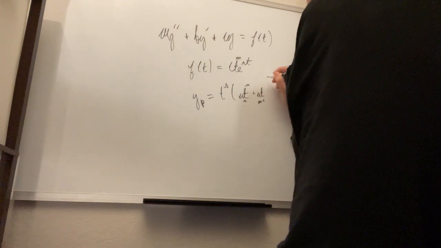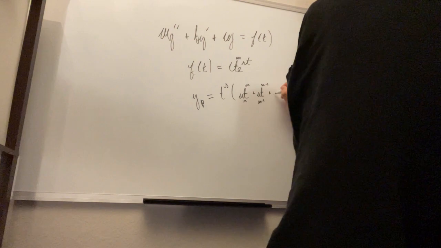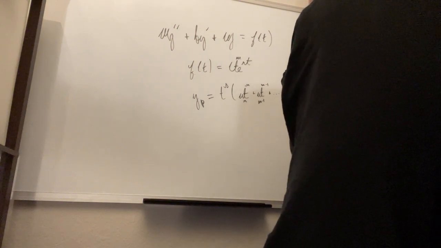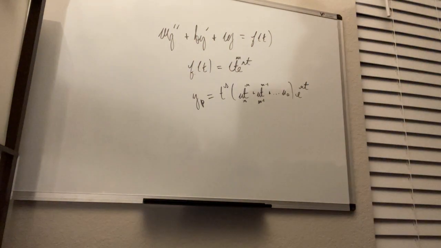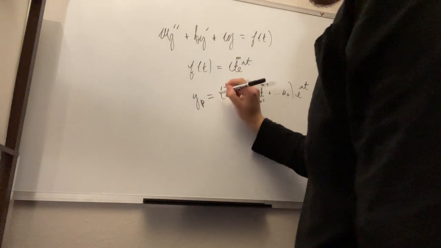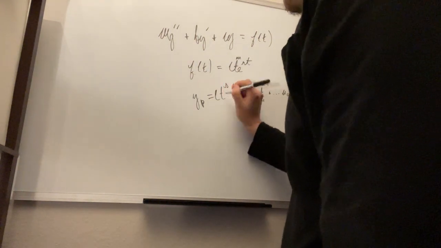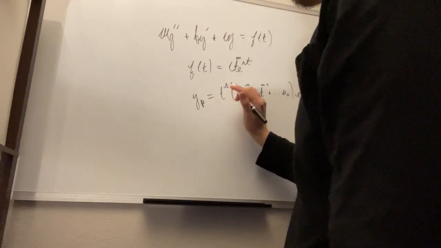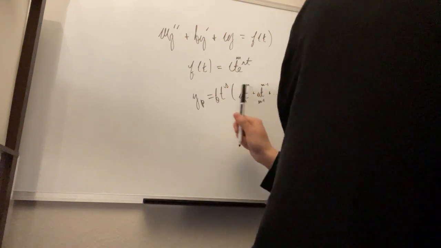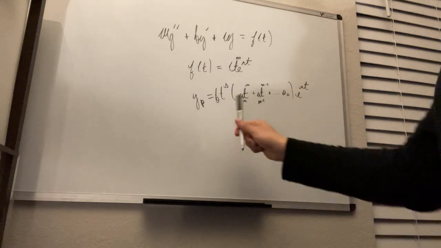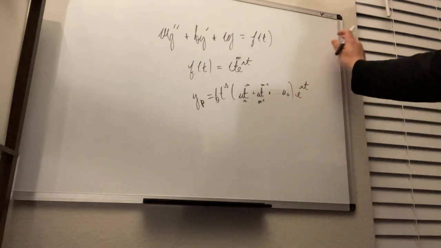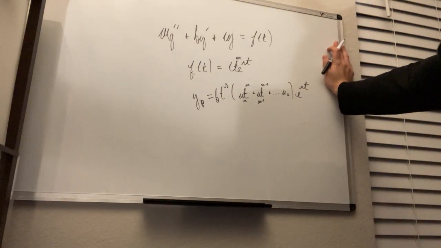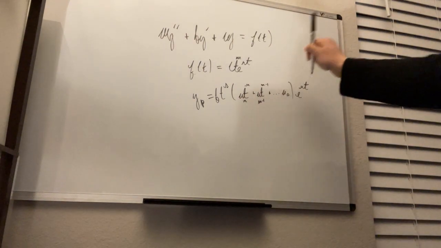So a_{m-1} t to the m minus 1 plus down to a naught, times e to the rt. All right. Or actually, we're going to have to put a constant here. So not c, let's just say b. So we have to solve for b, and then for each coefficient in the arbitrary polynomial depending on m.